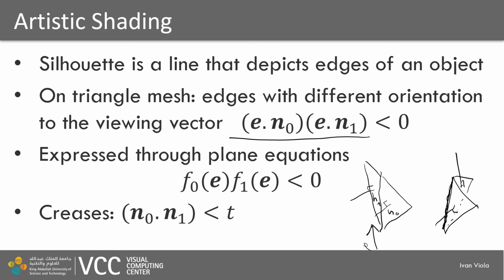And you can probably agree with me that our viewing direction will result in dot products with the normals which have different signs. So their multiplication will be smaller than 0, meaning that these two triangles are sharing an edge which forms the contour.